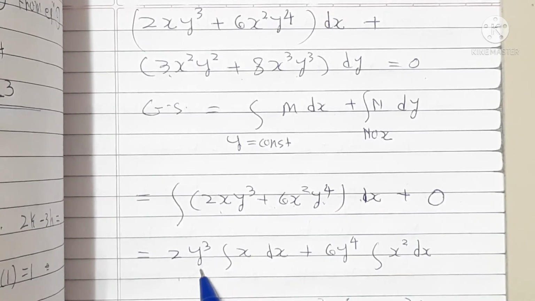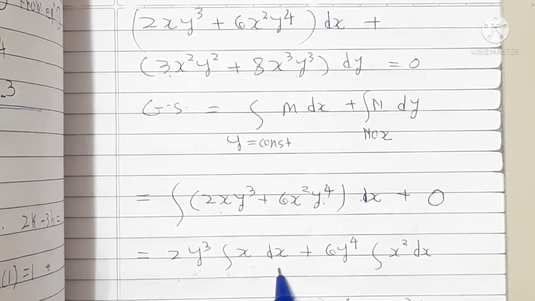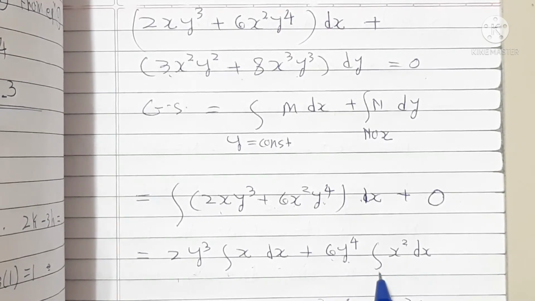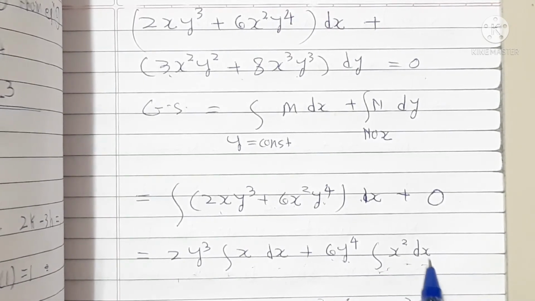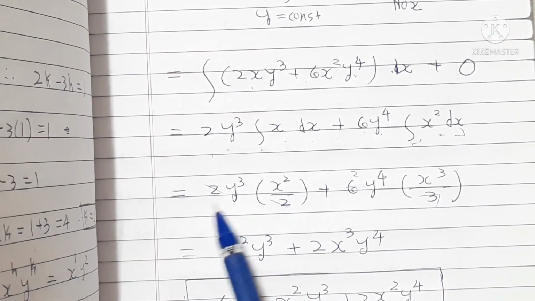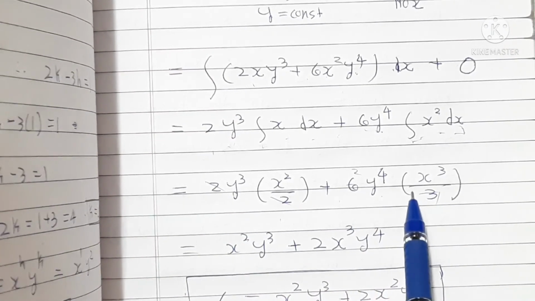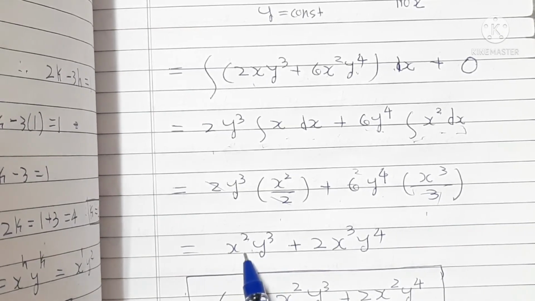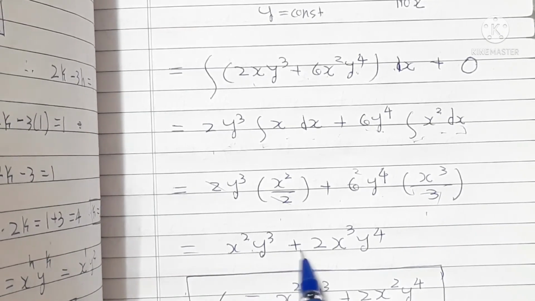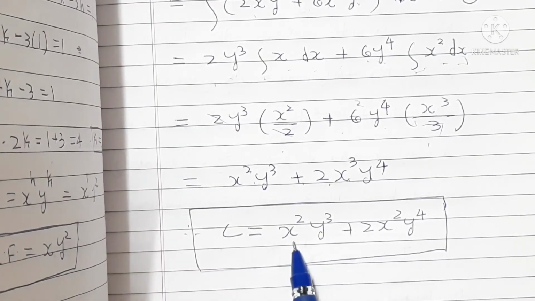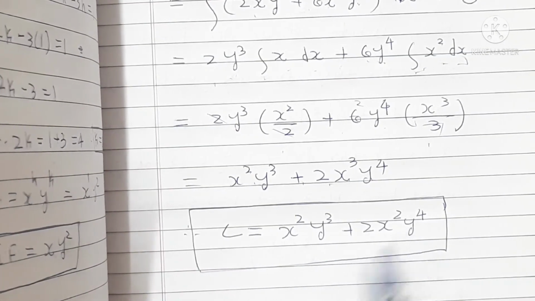Therefore, 2y cube integration of x dx plus 6y raised to 4 integration of x square dx. Therefore, 2y cube into x square upon 2 plus 6y raised to 4 into x cube upon 3. Therefore, x square into y cube plus 2x cube y raised to 4. Therefore, c is equal to x square y cube plus 2x cube y raised to 4.